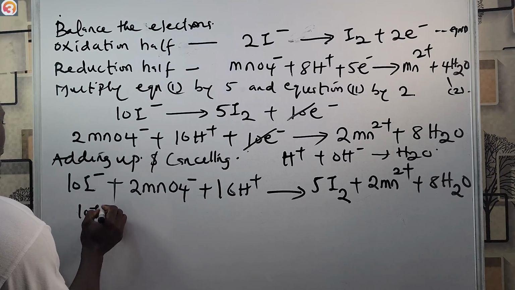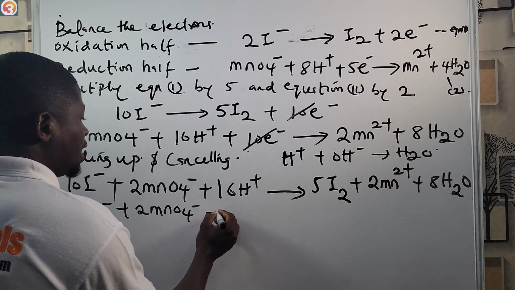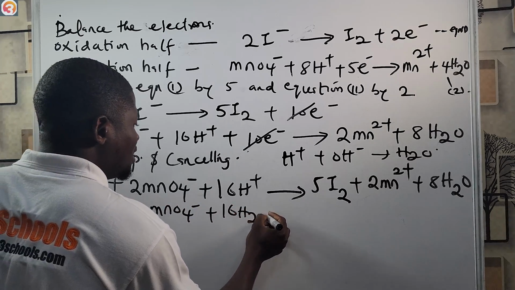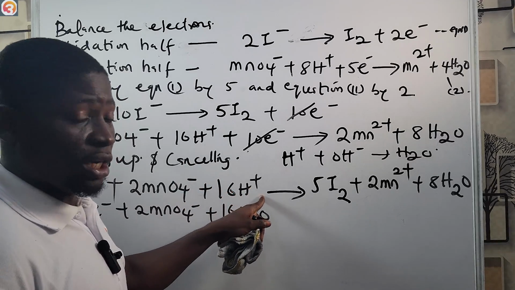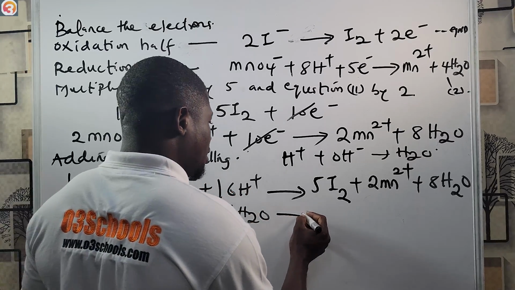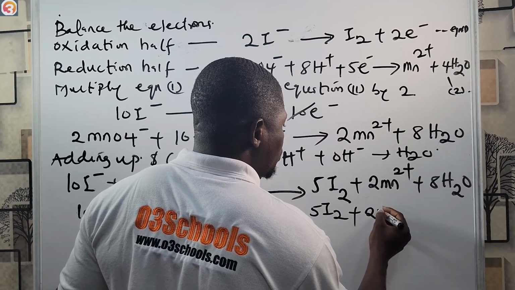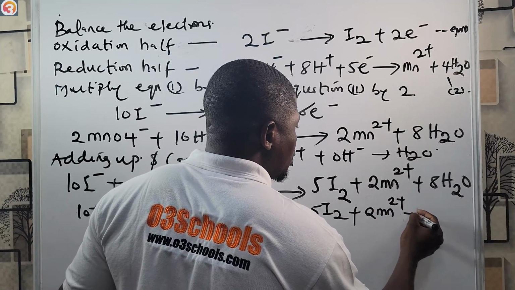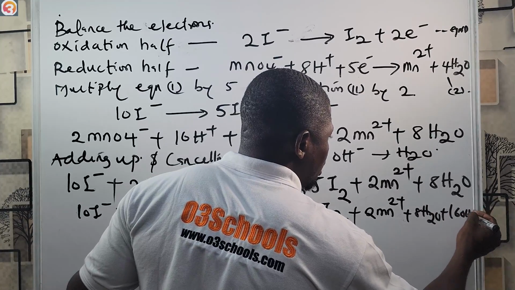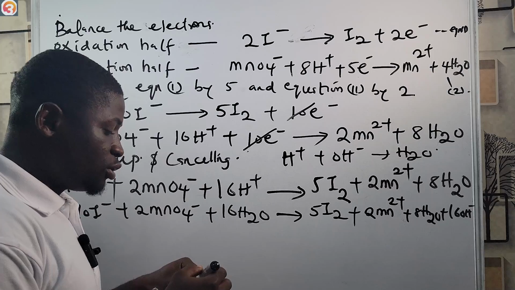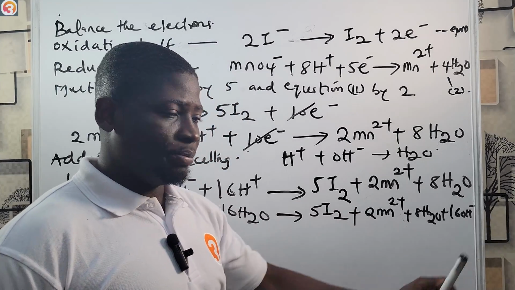So I'm going to have 10I minus plus 2MnO4 minus, then plus now 16 H2O, because we have already added 16 OH to make 16 H2O. This gives 5I2 plus 2Mn2 plus, plus 8H2O plus 16 OH minus. You add it to both the reactant and the product side. That's why it's appearing here.